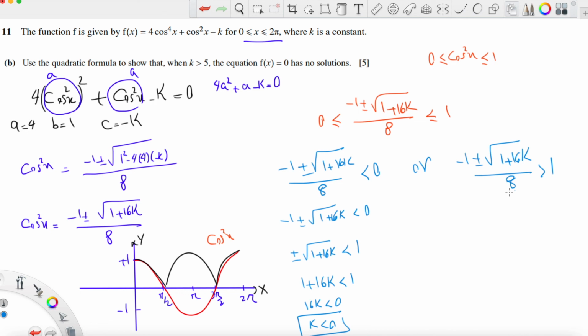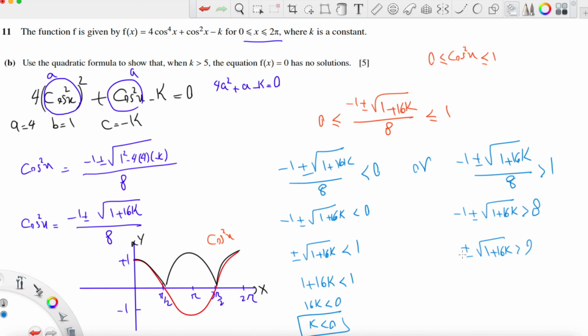Now for this one, I again multiply by 8, so it would be minus 1 plus minus the square root of 1 plus 16k more than 8. I transfer minus 1 to the other side, so the square root of 1 plus 16k is more than 8 plus 1, which is 9.